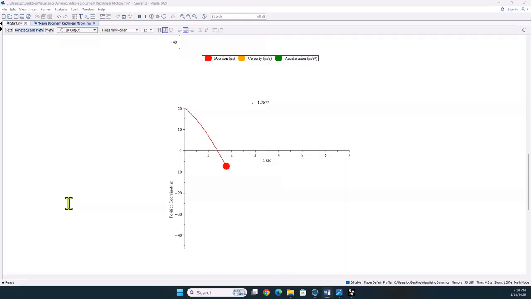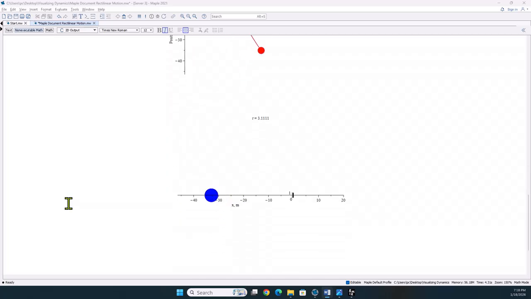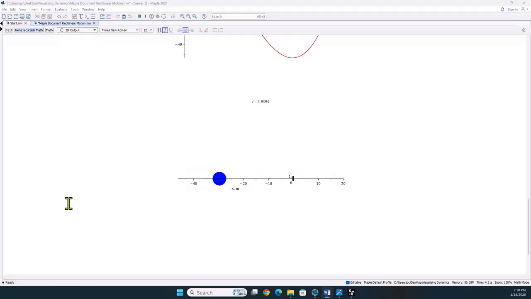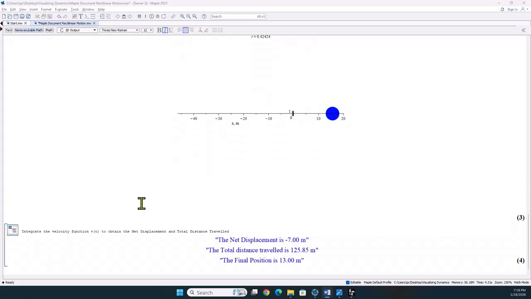Maple also plots and animates the particle as it moves back and forth in one-dimensional space. On top of all that, and using the integration procedure, Maple calculates the net displacement, the total distance traveled, and the final position of the particle.